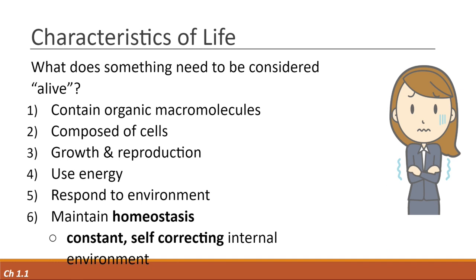So just to kind of think about more characteristics of life, for to be considered alive, not only do we have to contain macromolecules, be composed of cells that can undergo growth and reproduction, we use energy, respond to the environment, and actually, especially in the case of humans, maintain our internal environment.